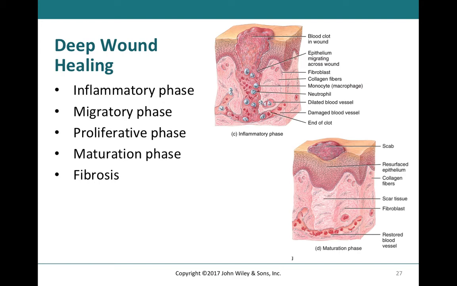So, during the inflammatory phase, you'll have a blood clot begin to actually unite the edges of the wound, and then those epithelial cells will migrate across the wound. And once they do, vasodilation, or a widening of the blood vessel, will occur. It's going to increase the permeability of blood vessels and actually bring more blood to the site, so it will deliver phagocytes.